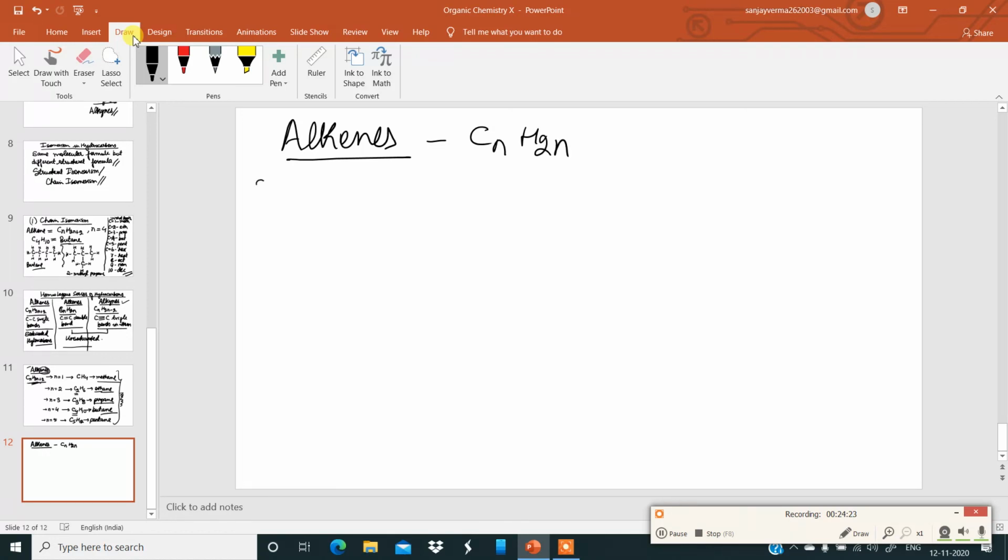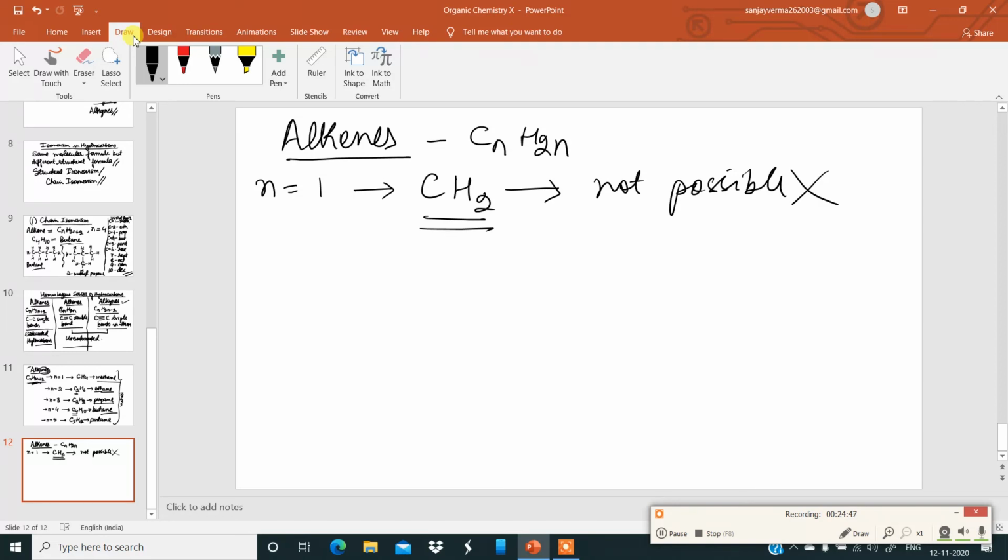If I put the value of n equal to 1, I will get CH2, and this alkene is not possible because in this compound the combining capacity of carbon is not satisfied by 2 hydrogens. This compound does not exist. The next one, put n equal to 2, I will get C2H4. Two carbon atoms, so the word root is eth, and it is an alkene, ENE, unsaturated.